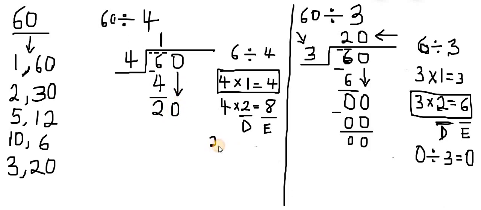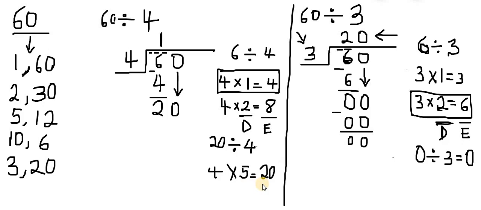So that's 20 now, divided by 4. Now if you keep creating the 4 times table, 4 times 3 is 12, 4 times 4 is 16, but 4 times 5 is, behold, 20.